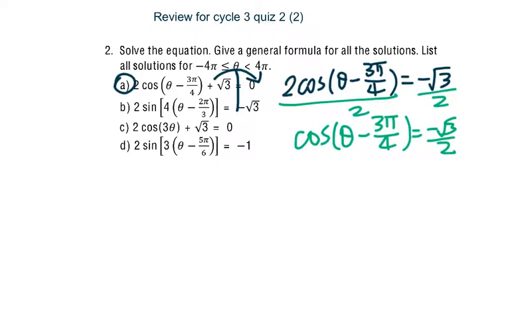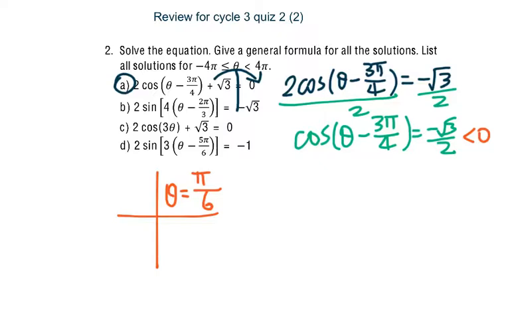Since you got cosine of something equals negative square root of 3 over 2, we go to the reference angle first. The reference angle you will get is pi over 6.